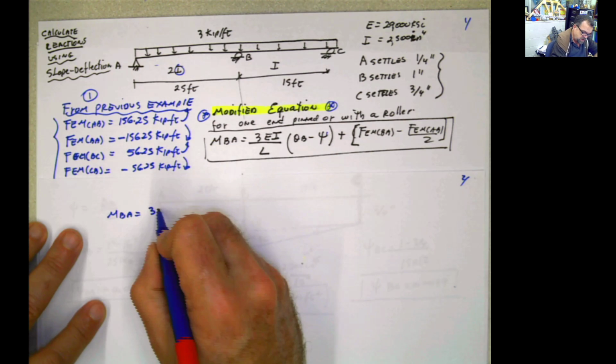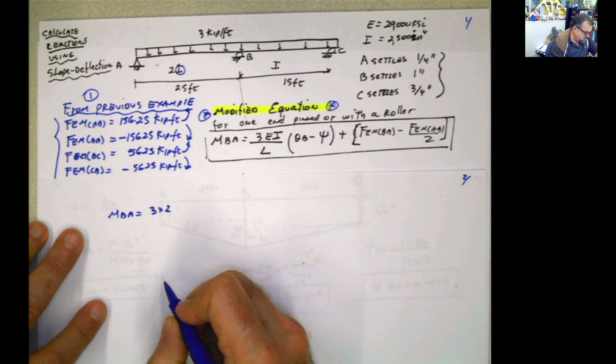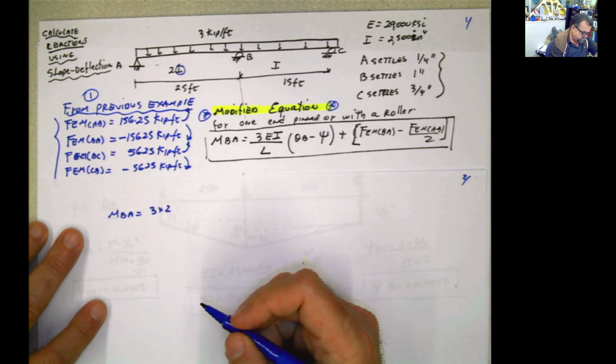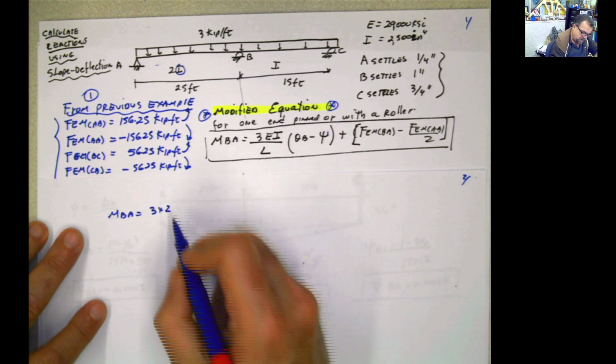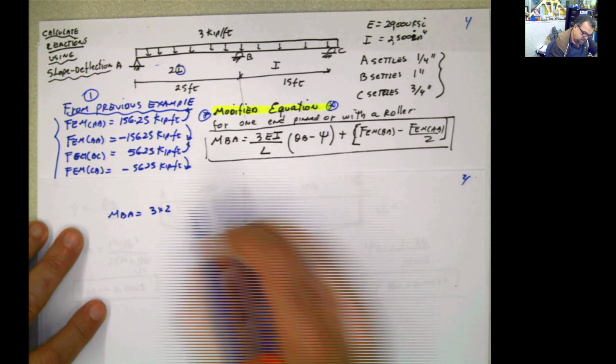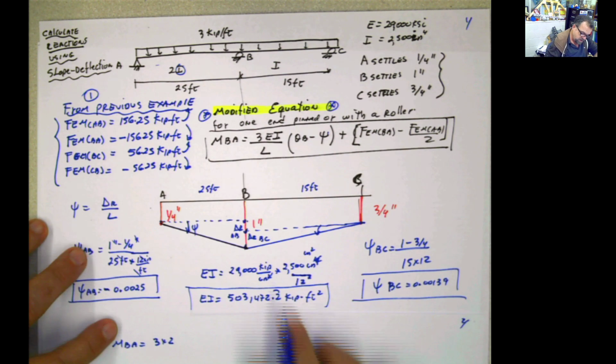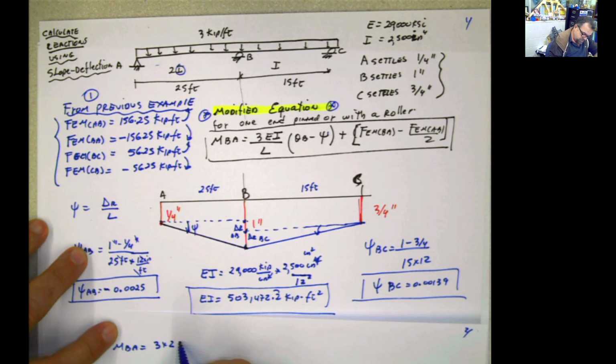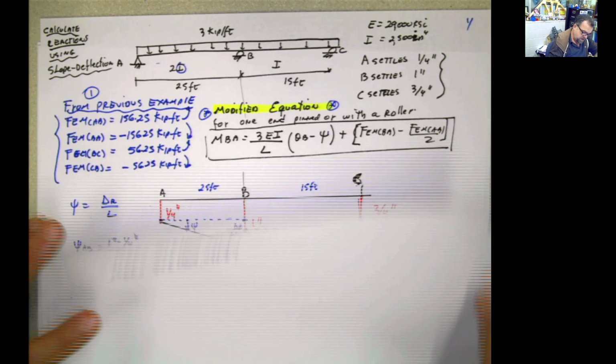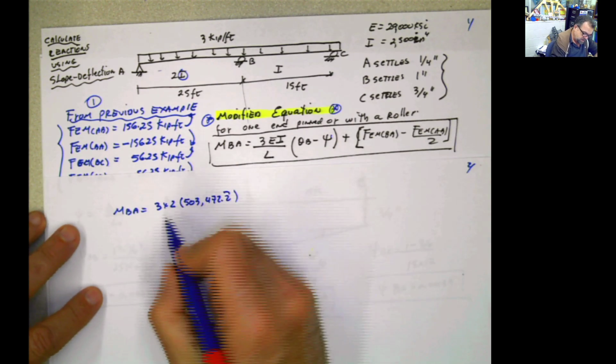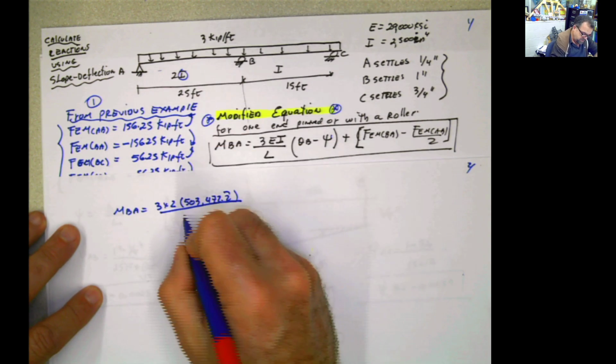So I'm going to put 3 times 2 times EI. But what is EI? EI I just calculated as this value, divided by L, and L is 25.